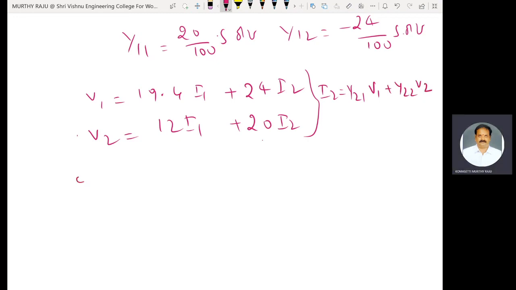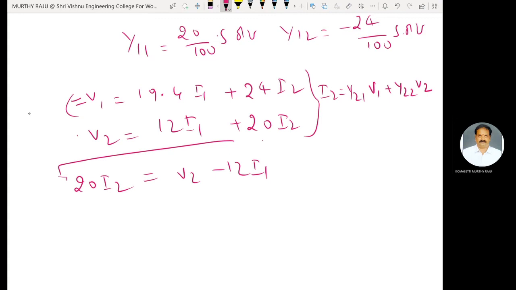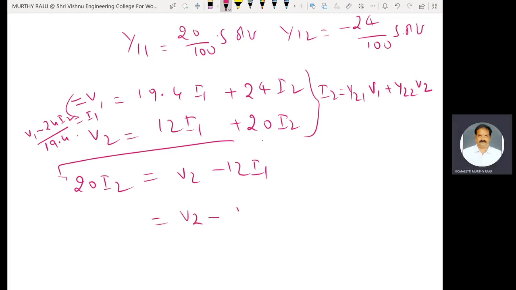Consider this equation. 20 I2 is equal to V2 minus 12 I1. From the other equation, V1 minus 24 I2 by 19.4 is equal to I1. That is equal to V2 minus 12 into, substitute this one.